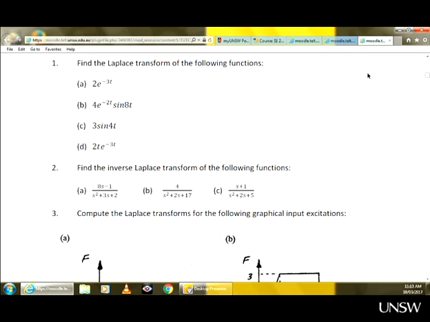And here, why do we set theta zero as zero? Because if I don't say that, I can't create the transfer function. So I said that theta of zero is, for example, 20 degrees Celsius.